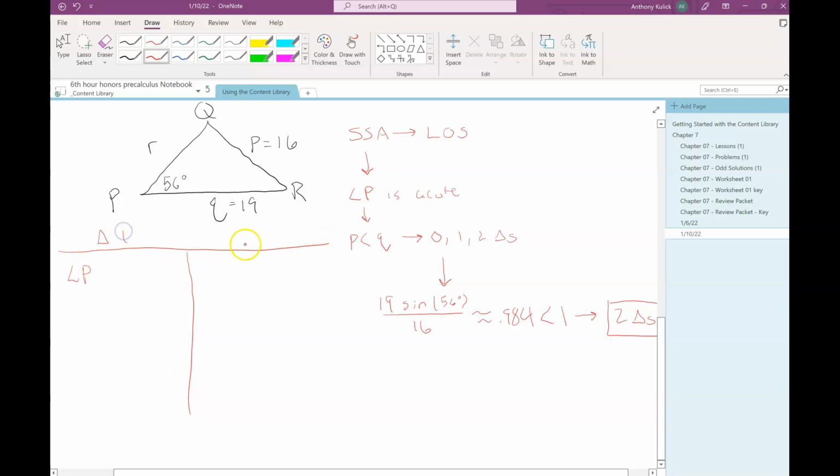So I'll make a little column for my answers from triangle 1 and my answers for triangle 2. Now, my angle P, my side P, and my side Q, those are all the same in both triangles.